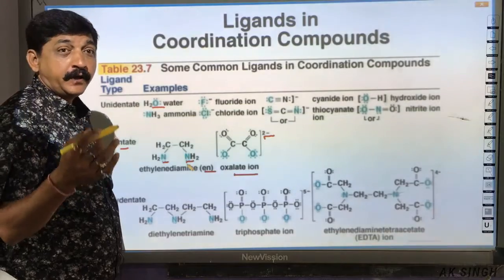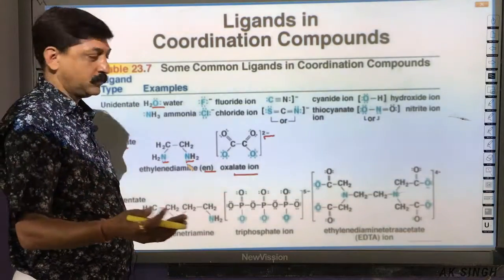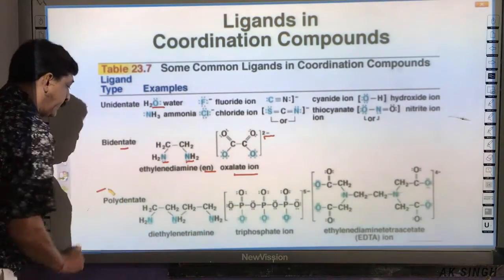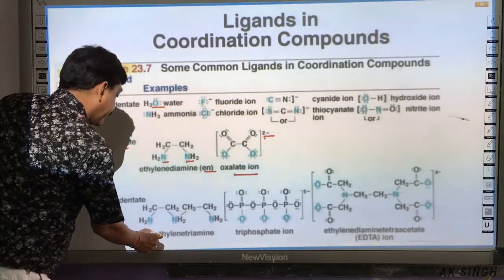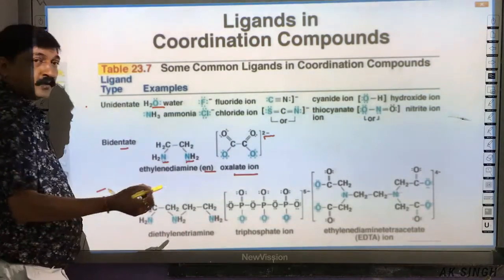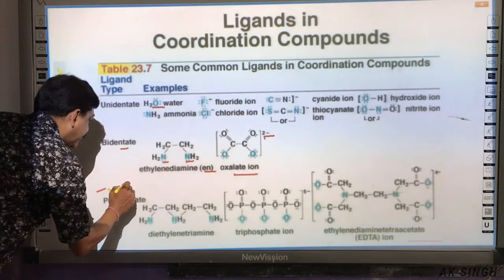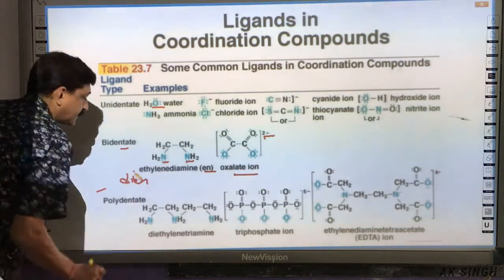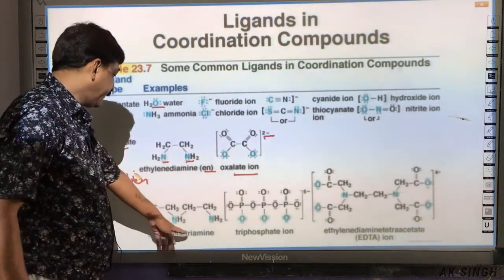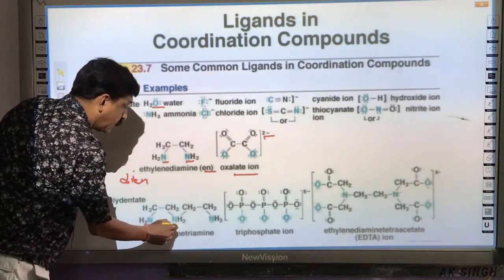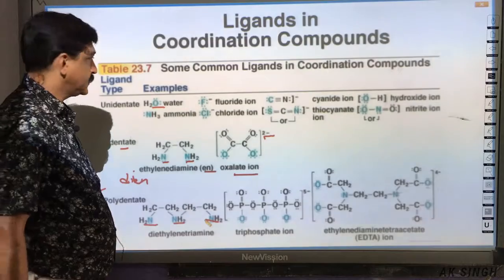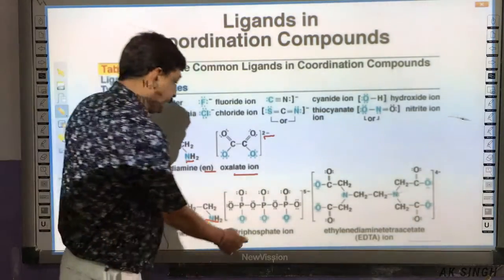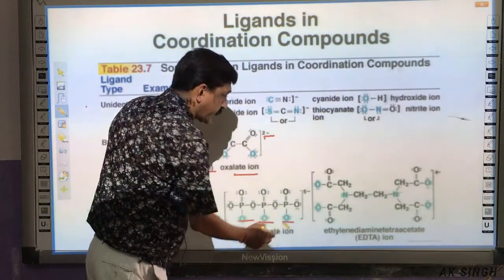Then, if the donor sites are more than 2, it is a polydentate ligand. We have diethylenetriamine, which we represent as dien. So 1, 2, 3 donor sites. Likewise, triphosphate ion, 1, 2, 3.